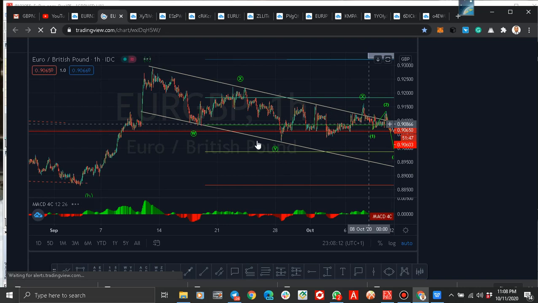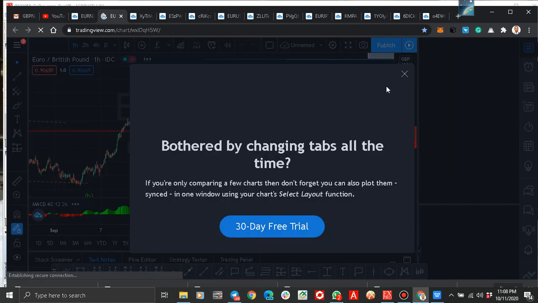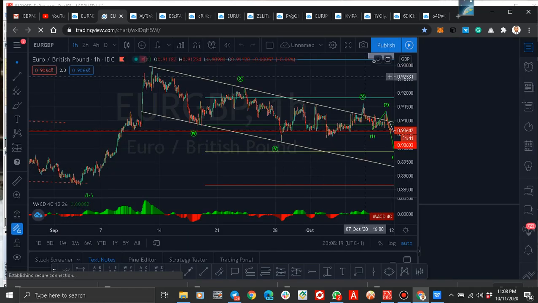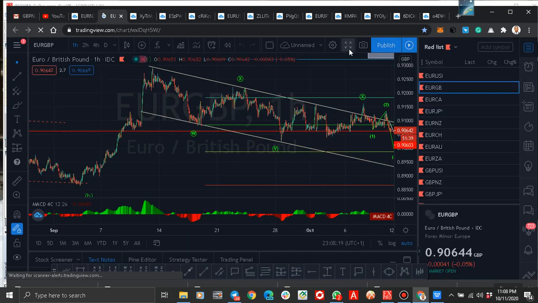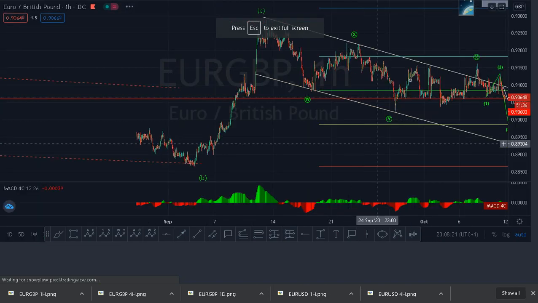Okay, this is the live market. Markets have opened, so let me see if there's a gap or anything on EURGBP.